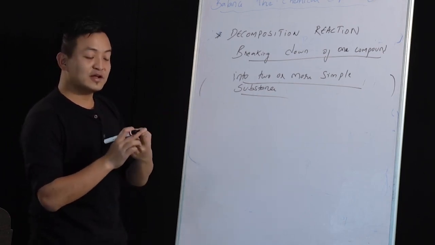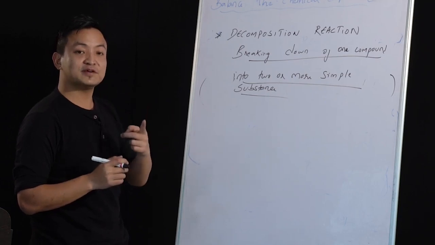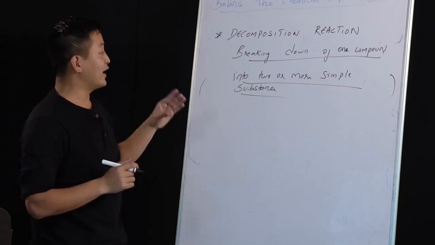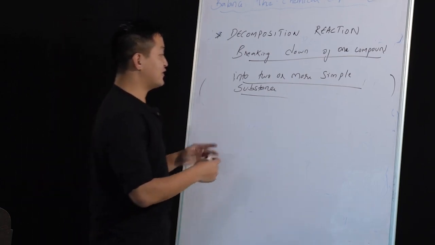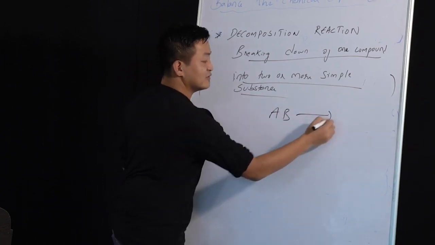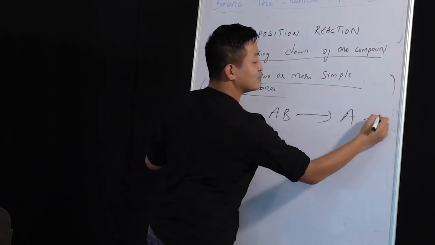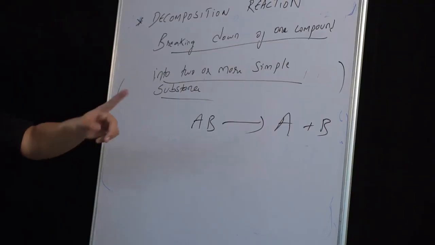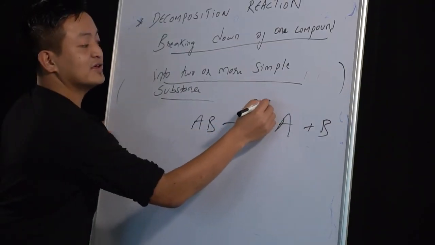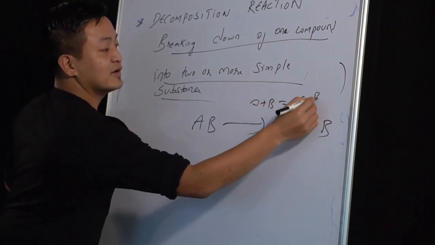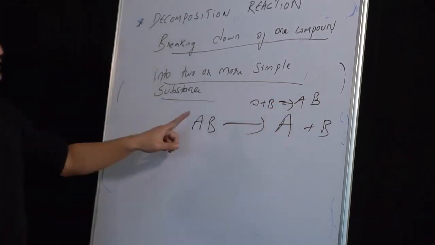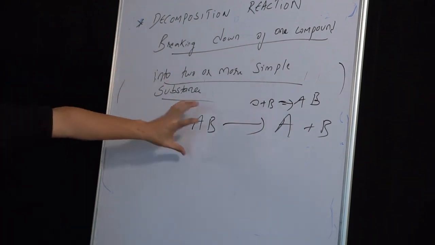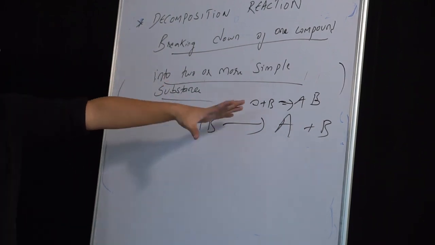In combination, it was like A plus B gives AB. Now AB is breaking down to give A and B. So this is just the opposite of combination. In combination, A plus B gives AB, but in decomposition, one compound is breaking down to give 2 or more.